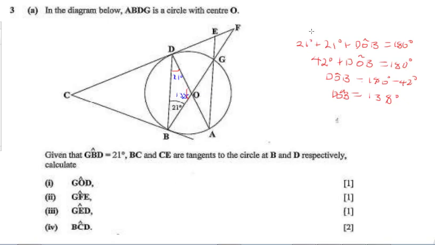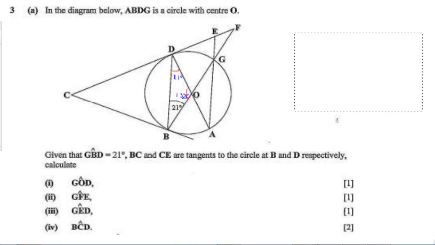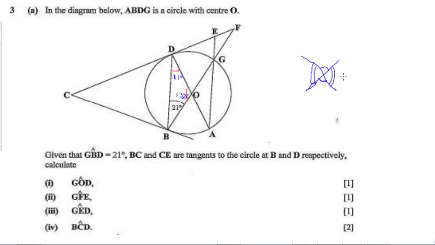Then what else can we find? If this is 138 degrees, whenever you have a cross like that, an X, crossing of two lines, the angle that's here is the same as the angle directly opposite it. And the angle that's there, let me just extend that line, is the same as the angle directly opposite that angle.